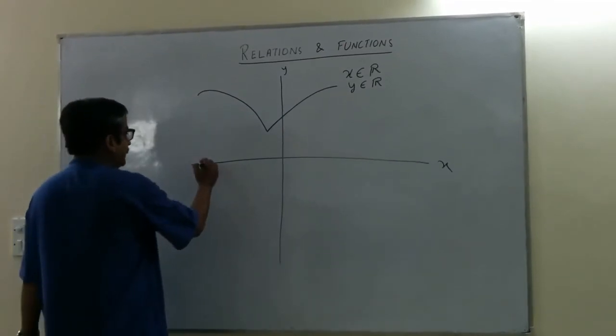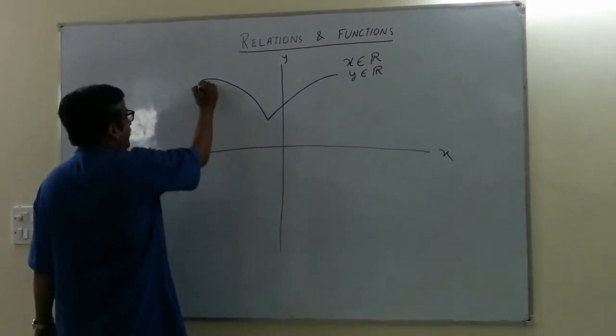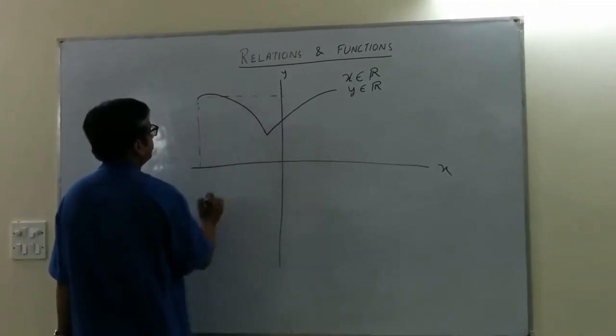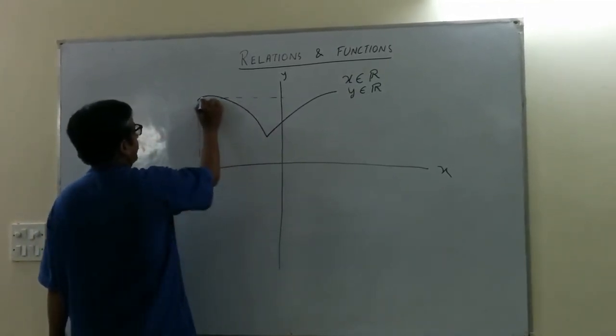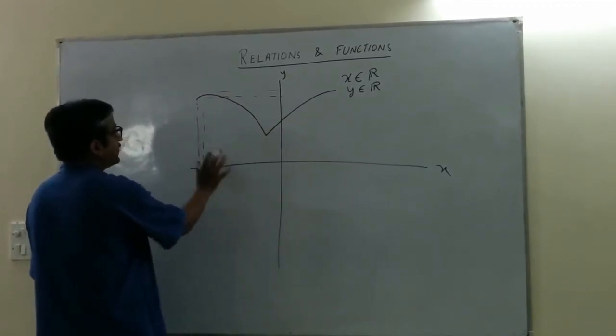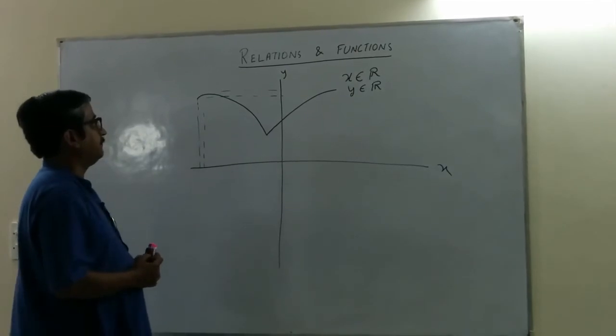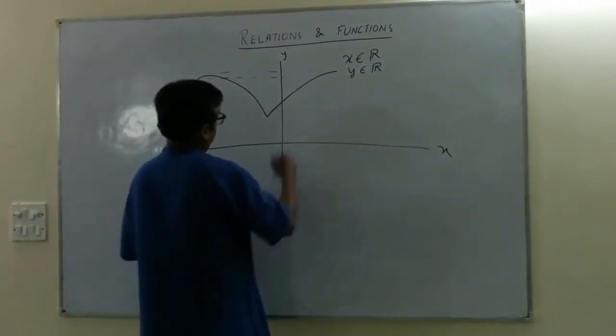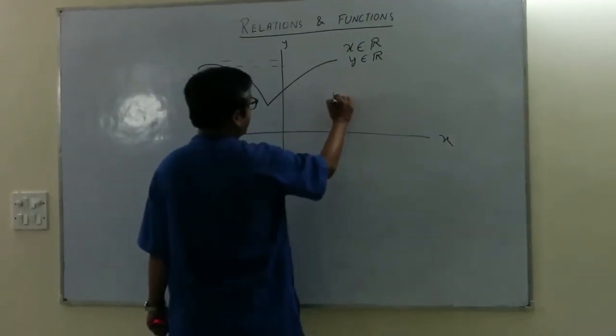I think I can, because every value of x has a unique value of y. One x does not have two values of y. So our Hollister pattern is a function.